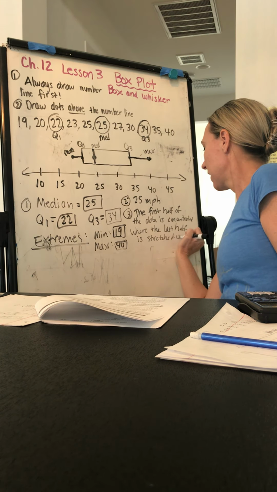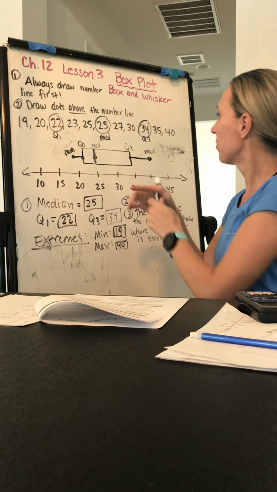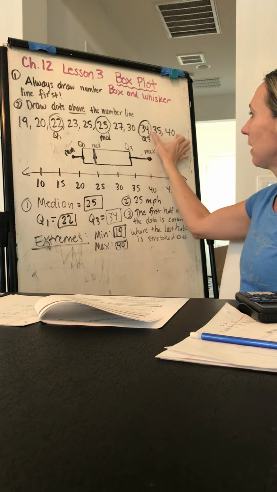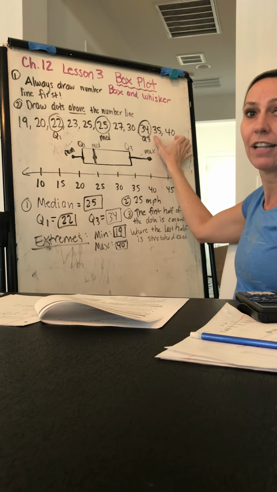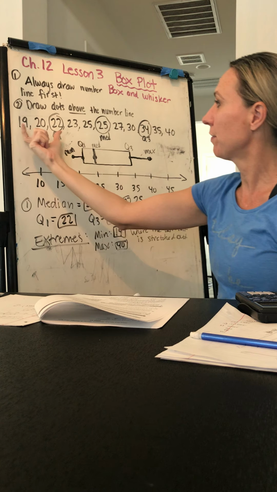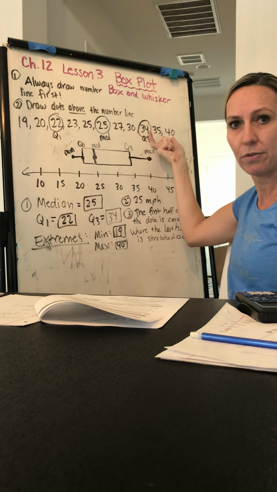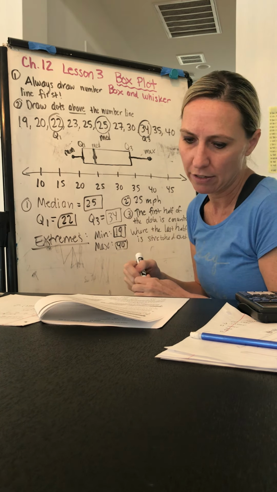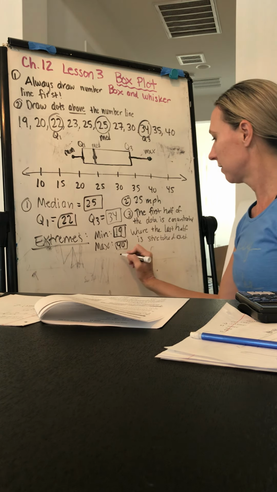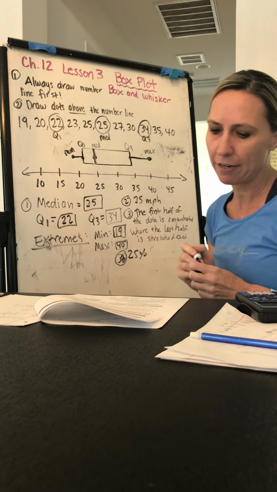The next 25% is from here to here. So it's basically saying from quartile 3, this last quartile, this is actually Q4. So this is the last 25% of your data. So for 3B, you would say the last 25% of the data.